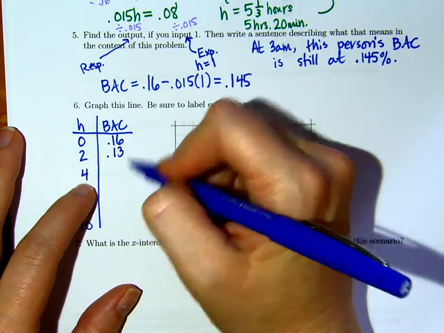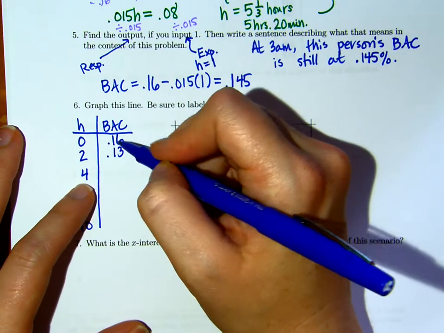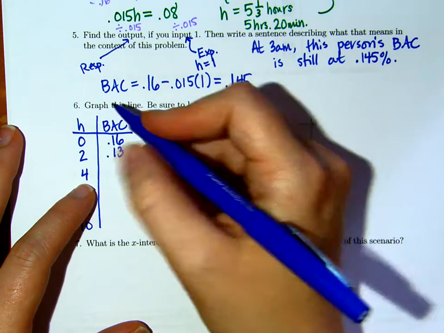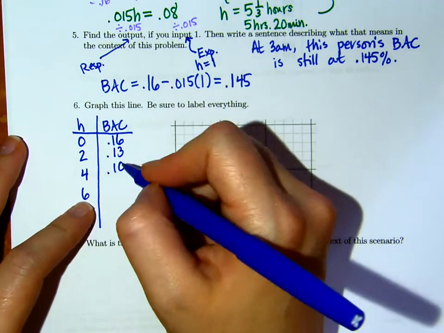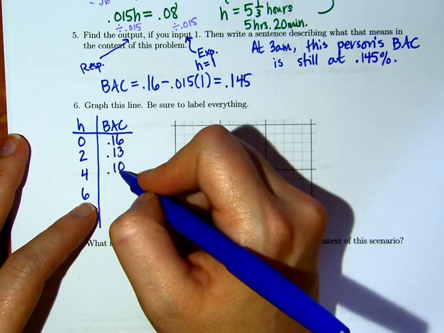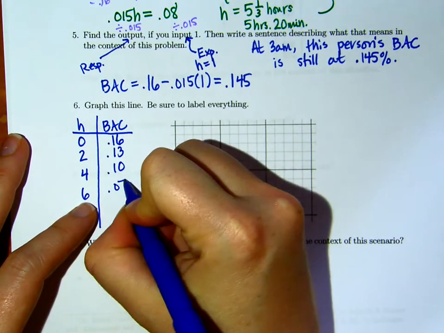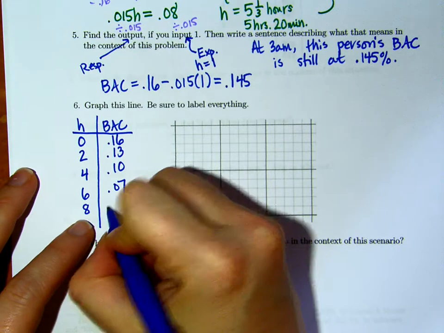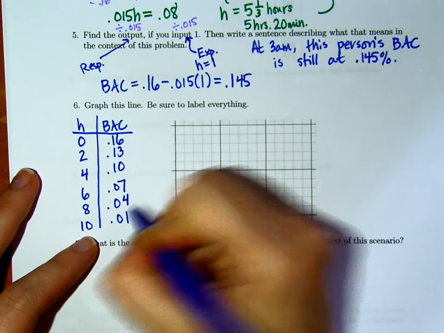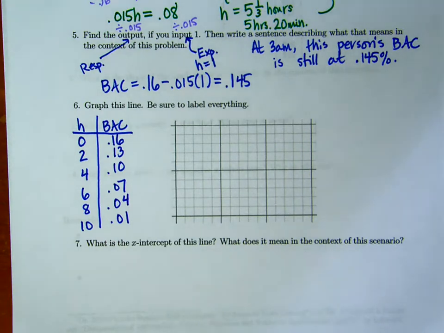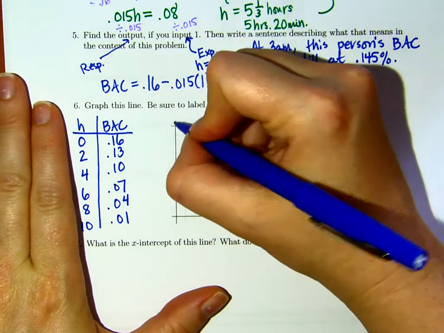Okay, and now I can keep doing this pattern, yes? So 0.03 less than 0.13 would be 0.10. 0.03 less than that would be 0.07. 0.03 less than that would be 0.04. 0.03 less than that, 0.01. Got it. Let's create this.